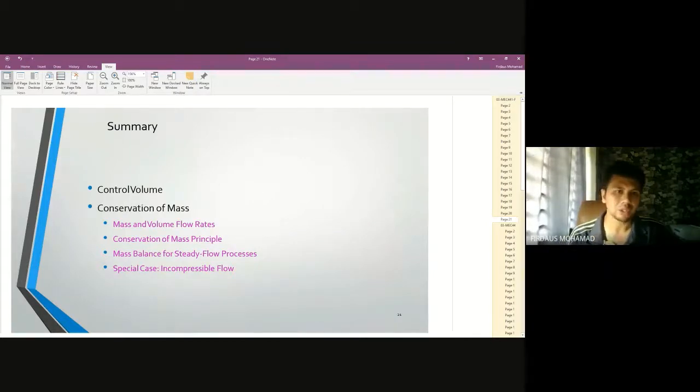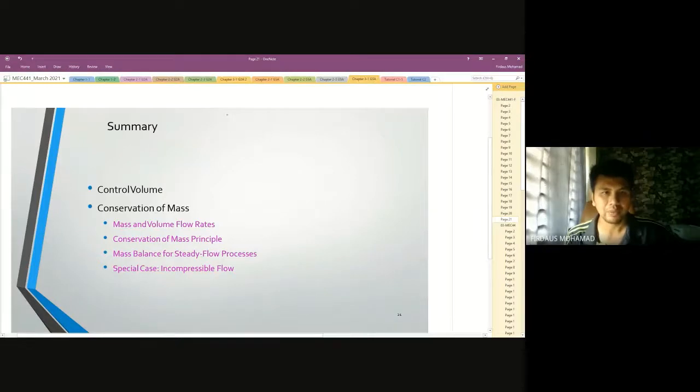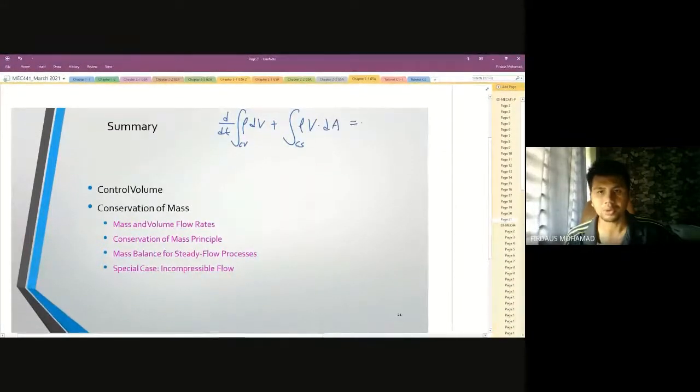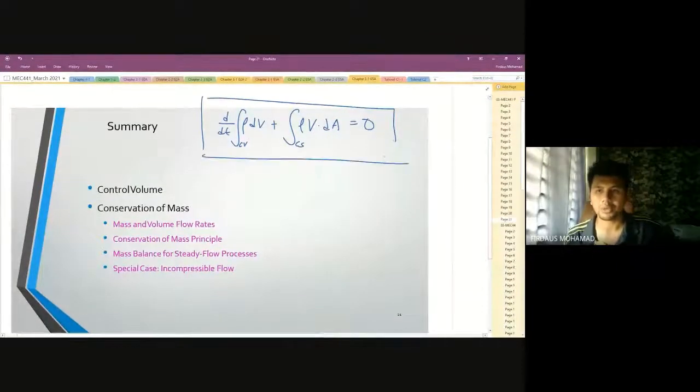Okay, so general equation for conservation of mass stating that the change of rate of rho volume for the control volume plus for the control surface rho v dA equal to 0. Yang ni je yang kita belajar ini, yang kita perlu faham.